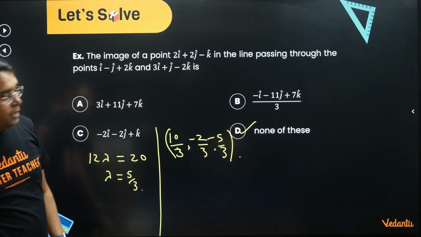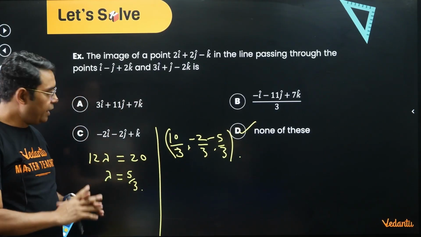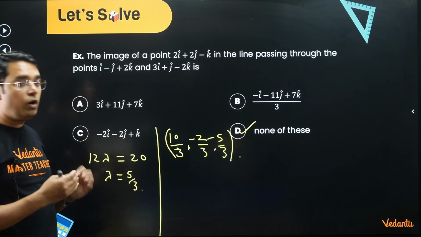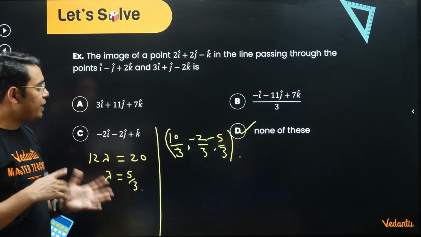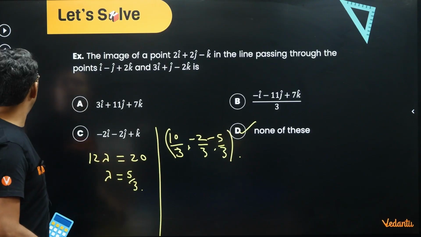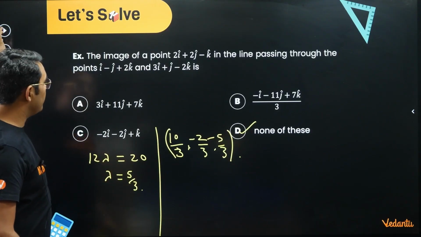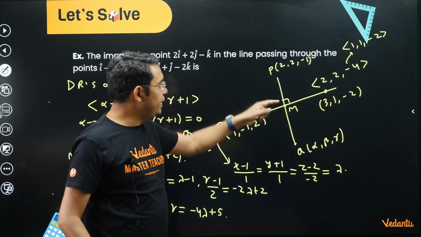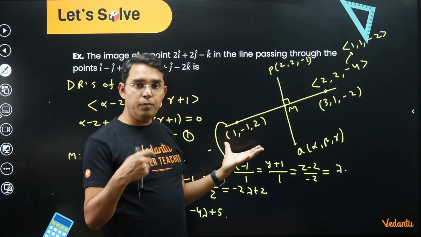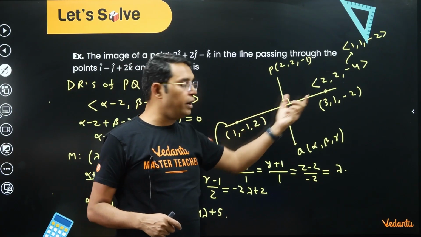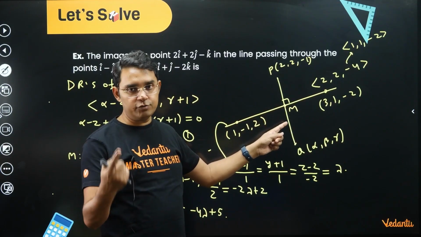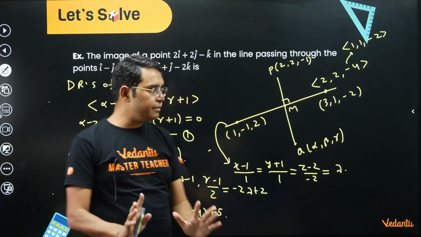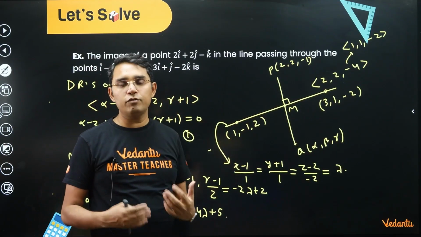And dear students, the calculation wise, I think this is the method. I think there is no other method to find the image. You may do slightly different variation in the calculation; some of you may say that I will be taking M as some point that divides this point to this point in some ratio 1:mu. Then your M will come in terms of mu, but it is exactly the same thing as taking this M in terms of lambda.